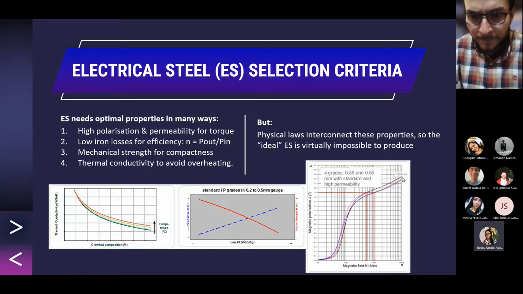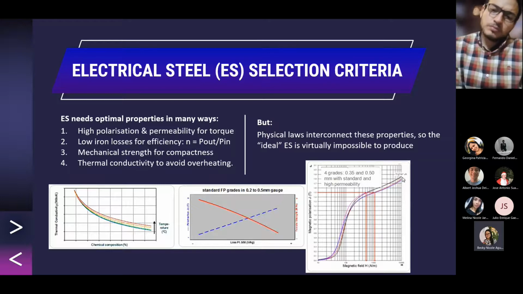It is only to indicate that for a given level of loss, it is possible to make materials that have a different behavior in terms of magnetization curve. In this example of the four materials, we can see that some have higher magnetization while others have lower.